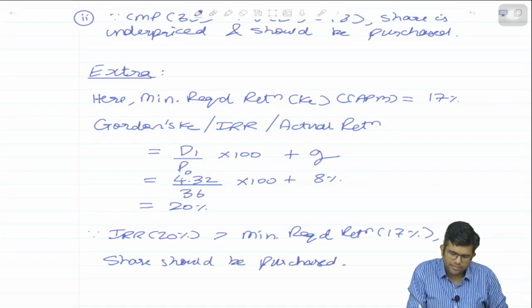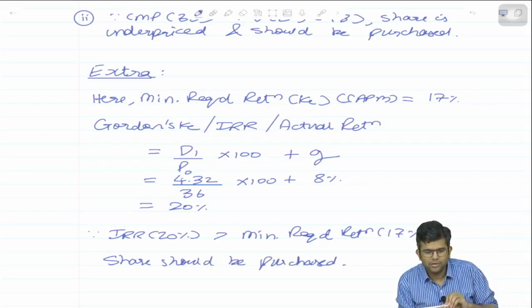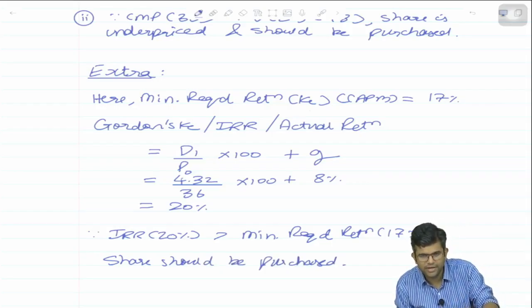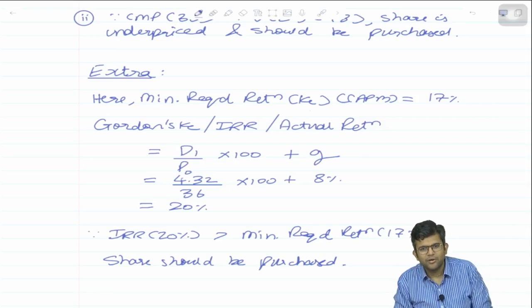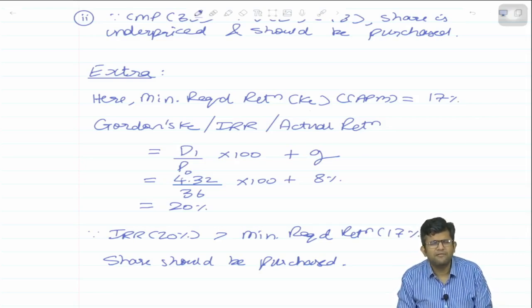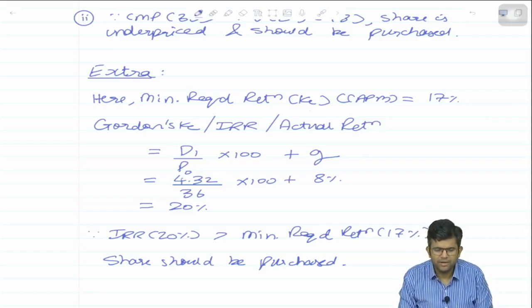See how foolish we were in Inter. ICAI is saying there are 5 formulas to calculate KE: Gordon, CAPM, dividend yield, earnings yield, inverse of P/E. And then they say if growth rate or data to calculate growth rate is given, one should do Gordon. If beta is given, one should do CAPM.